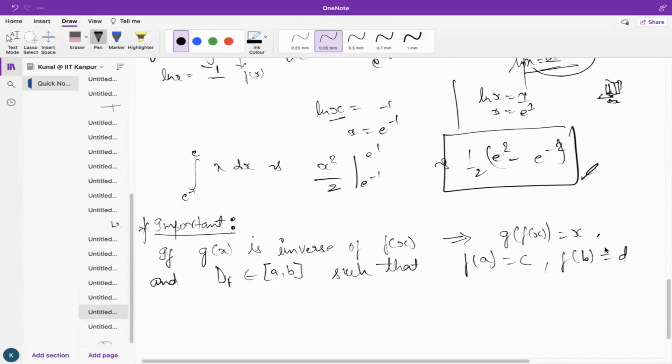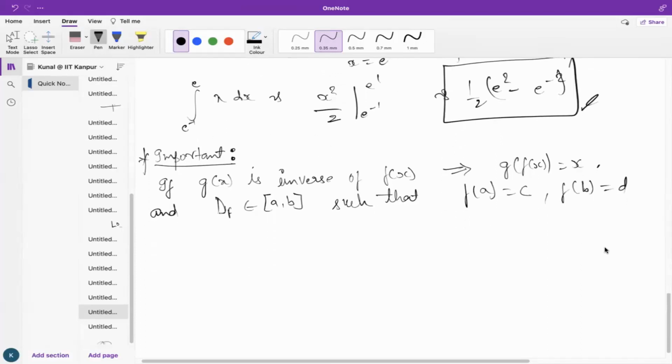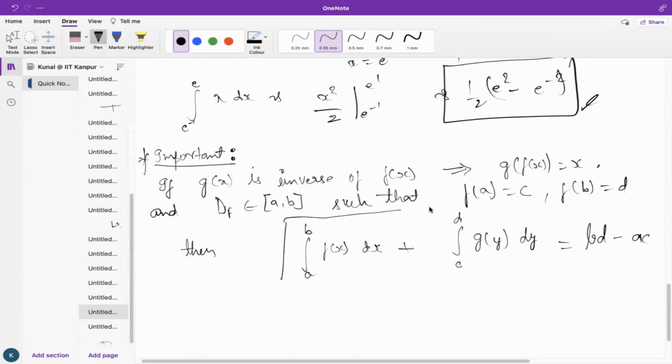Let me write it in the form of integration. Then the integral of f(x) from a to b plus the integral of g(y) dy from c to d is equal to bd minus ac, like the product of the upper limits minus the product of the lower limits. So this is the important case.